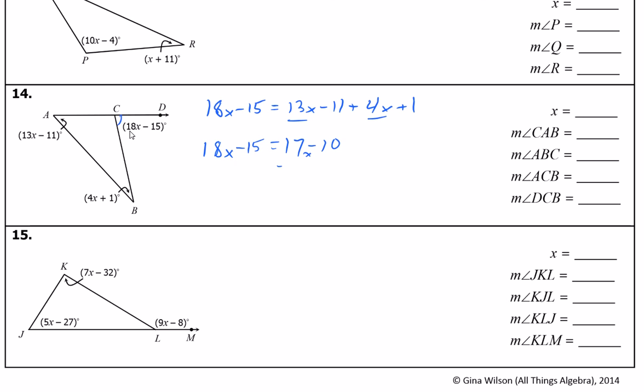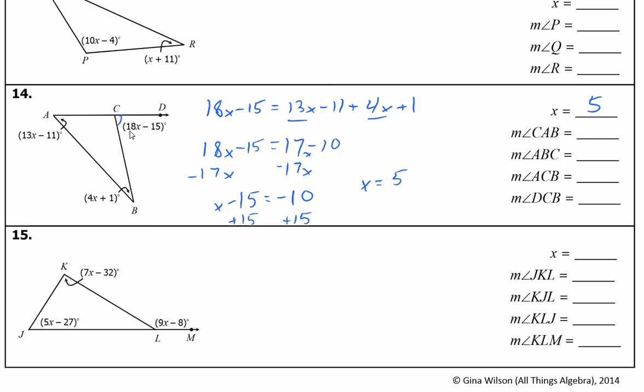Subtract 17x from both sides, and we get x minus 15 equals negative 10. Add 15, and x equals 5.